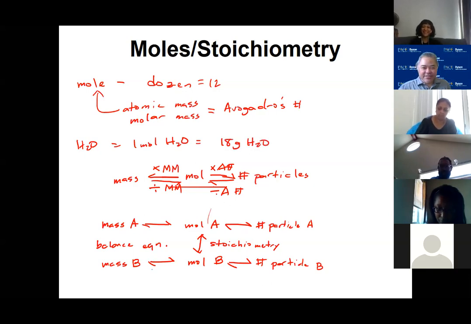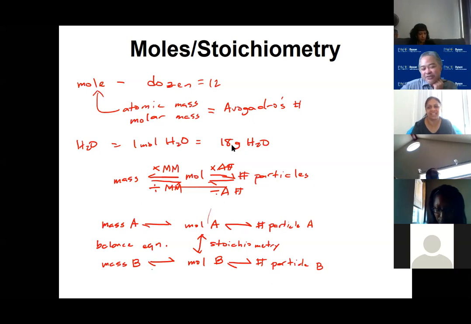Where did I get the 18 grams of water? I have 2 hydrogens. The molar mass of hydrogen is 1 gram per mole, so 2 of them is 2, and then 16 from oxygen.